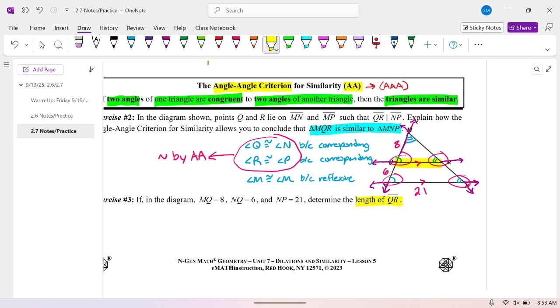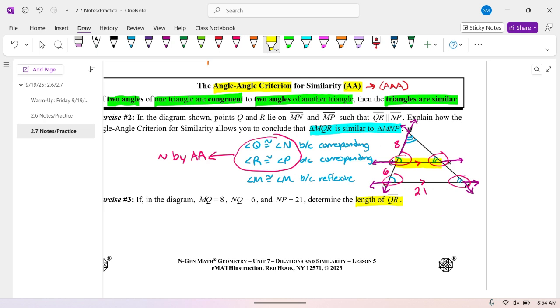Proportional. All right. So which side would be proportional to QR? What's QR's corresponding side? Come on, guys. You know what corresponding sides are. It would be NP. Good.